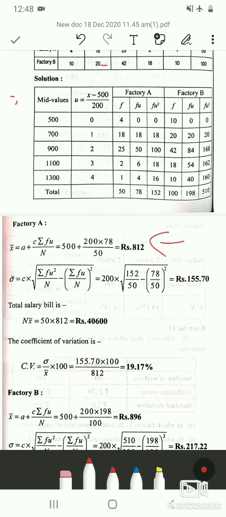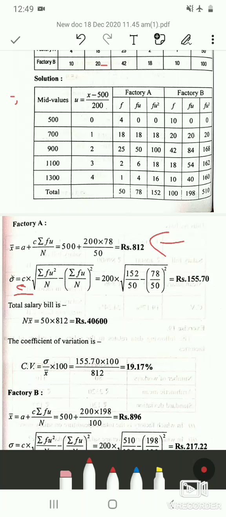Now let us substitute the formula for standard deviation. Whenever we take step deviation, we know standard deviation is dependent on the change of scale, so we are multiplying the scale. So the formula is c into square root of summation fu square divided by n minus summation fu divided by n whole square.